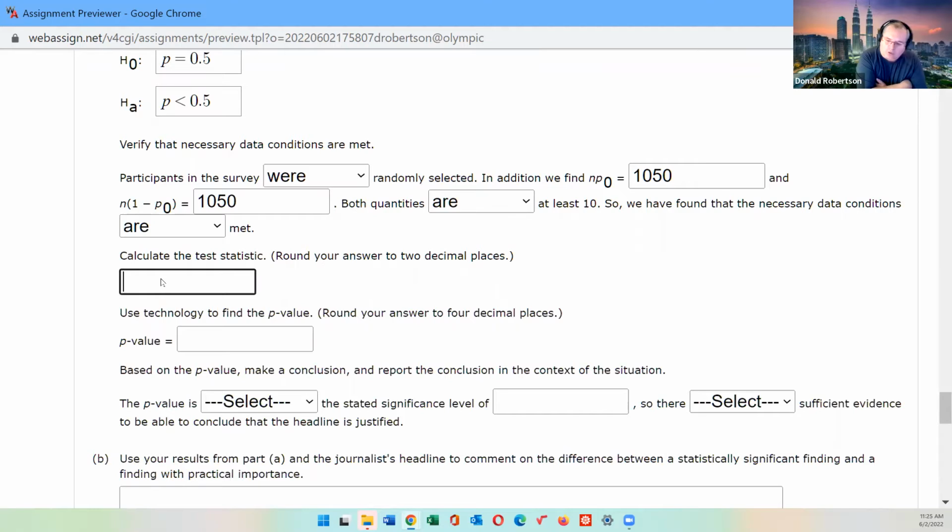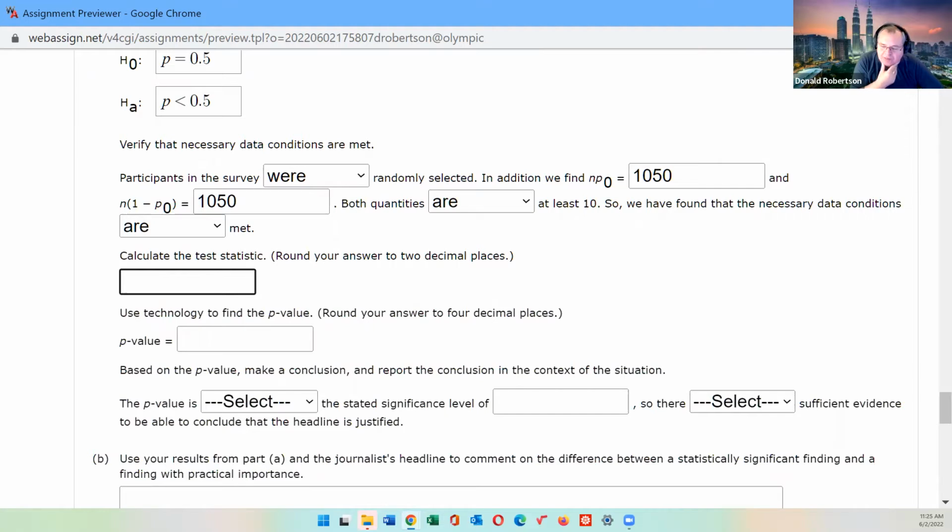And then it says calculate the test statistic. What's that going to be called when we do so? What do they call the test statistic? What's the other name for it, the one that you'll see when you do it? Any recollection?